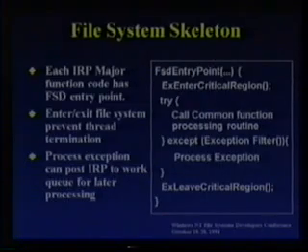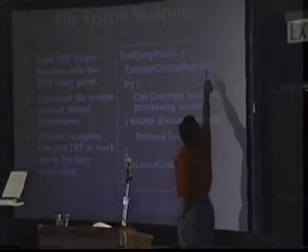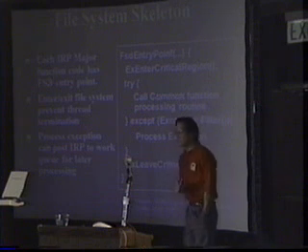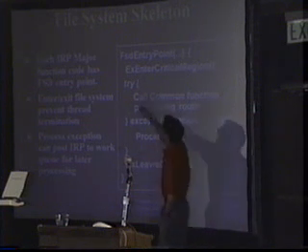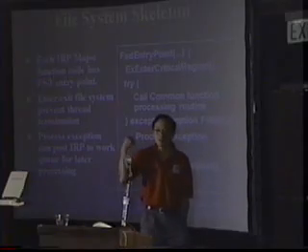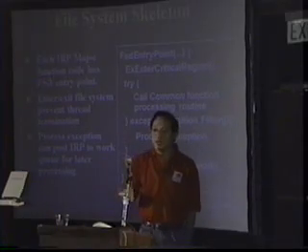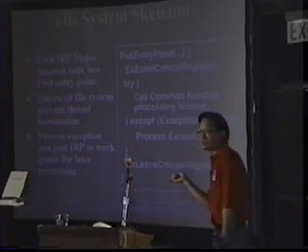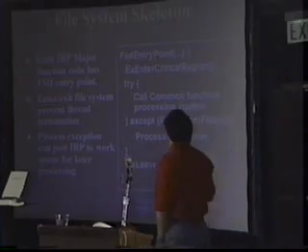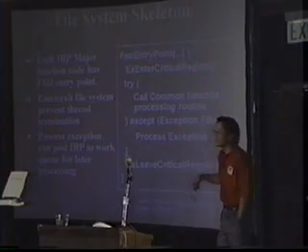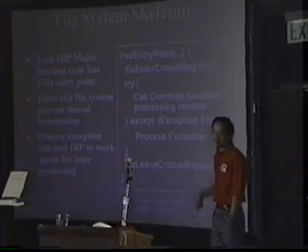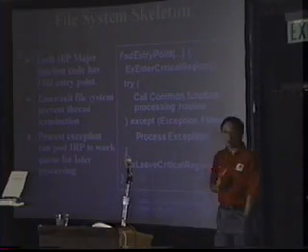The skeleton for it is you want to enter your critical region and exit your critical region on both sides of this. And we always use a try-except around it. One thing we do a lot in our file systems, and find very useful, is to use the structured exception handling mechanism, so that whenever we enter this part, if for whatever reason we bomb out, we'll exit properly.